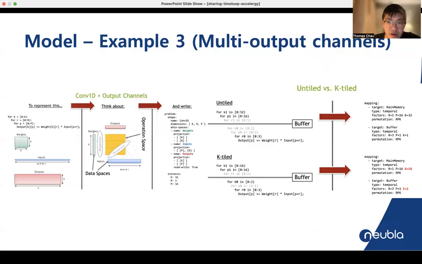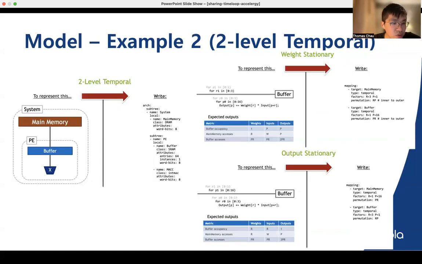The mapping consists of two loop nests, one for each level of the architecture hierarchy. This implies the data movement between DRAM and buffer.